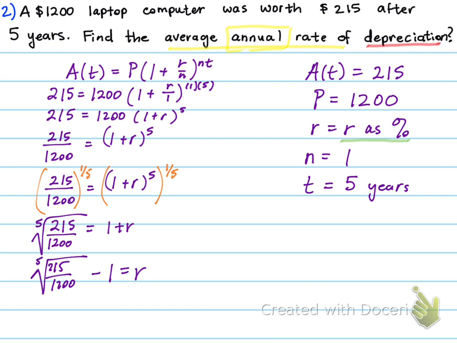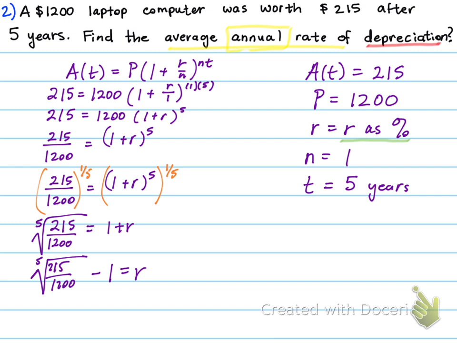I'm going to do the 5th root. To do that 5th root, you hit the button Math, and then you scroll down to number 5, and then you can type in the 5th root, and then I'm going to put a fraction, 215 over 1,200, minus 1, and you're going to get this negative rate.